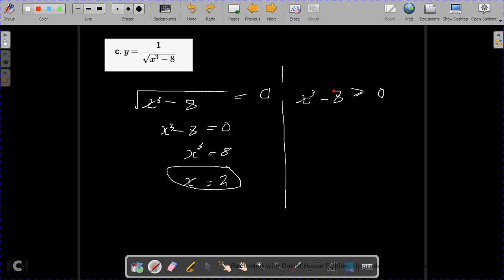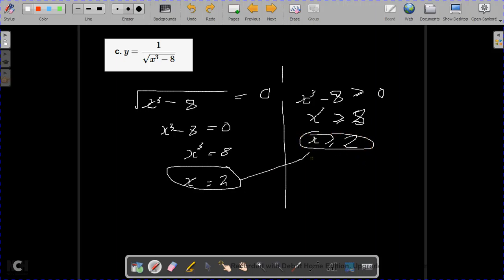So x cubed has to be greater than or equal to 8, that should be 8. So x has to be greater than or equal to 2. So we get two situations, x equals 2 and x is greater than or equal to 2.